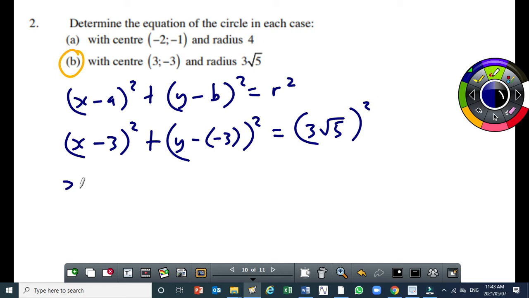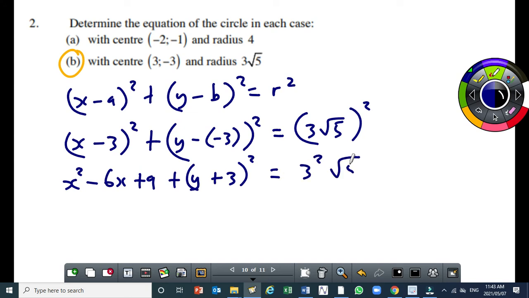So this becomes x squared. Right? You want me to go back to the basics to simplify this? No. So in x squared, then x times minus 3 will give you minus 3x, and multiplied by 2, you get minus 6x plus 9. Plus here, (y plus 3) all squared is equal to, now I can simplify this, it becomes 3 squared times (square root of 5) all squared.